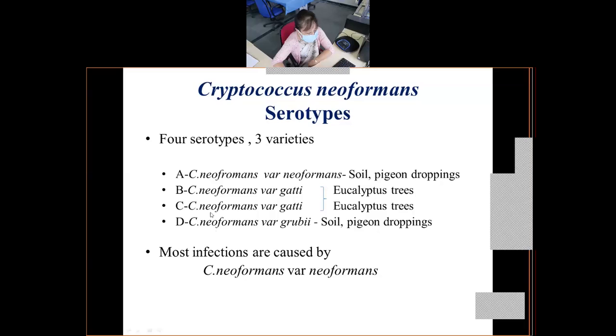If you see here, we have Cryptococcus neoformans A, B, C, and D. The varieties can be Cryptococcus neoformans var neoformans, Cryptococcus neoformans var gattii, and Cryptococcus neoformans var grubii. So these are the varieties of Cryptococcus neoformans. But predominantly, most of the infections are usually caused by Cryptococcus neoformans var neoformans.